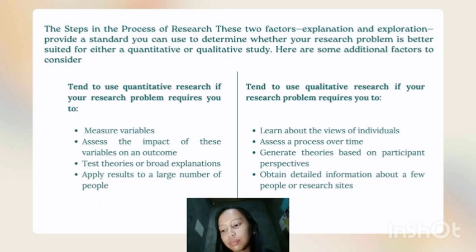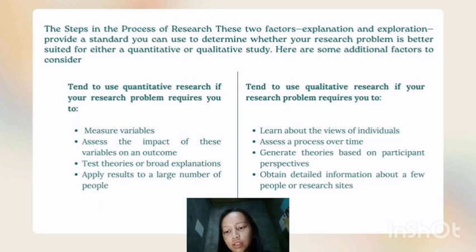Under quantitative research, you will use quantitative research if your research problem requires you to measure variables, assess the impact of these variables on an outcome, test theories or broad explanations, and apply results to a large number of people.